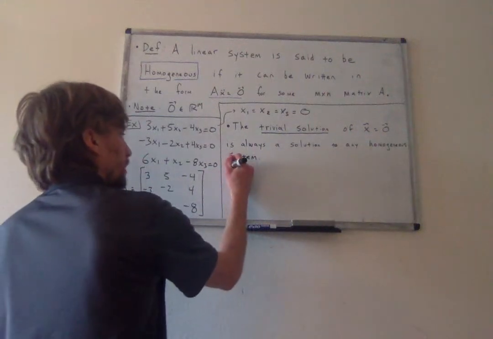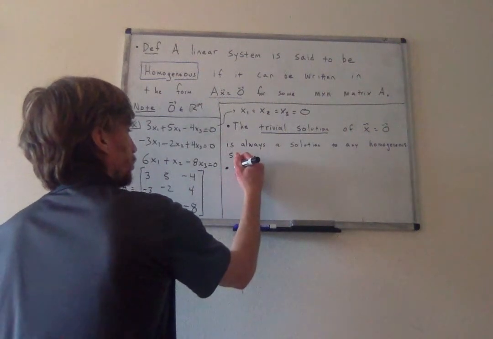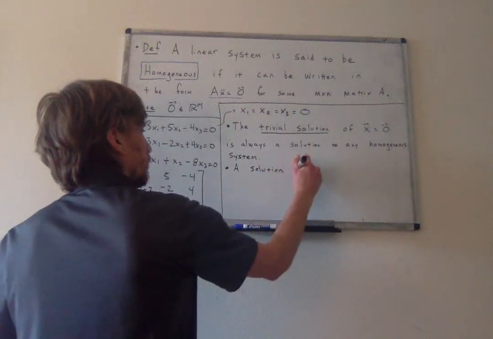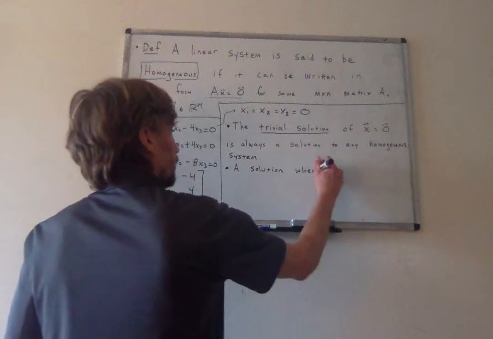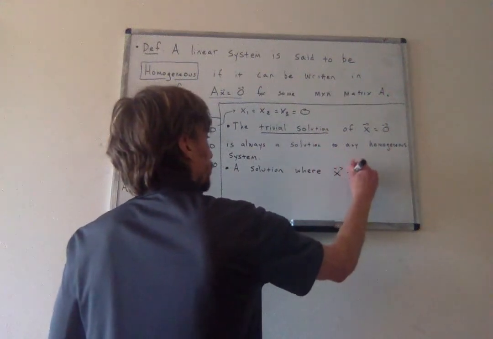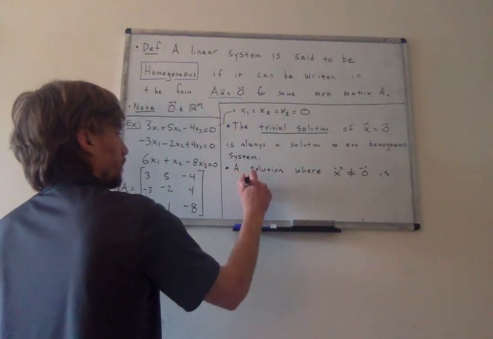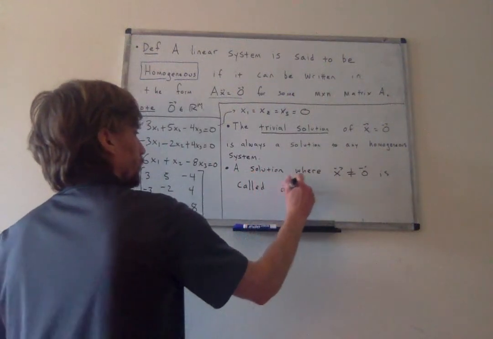But as we will see, some systems have non-trivial solutions. A solution where x is not equal to the 0 vector is called a non-trivial solution.